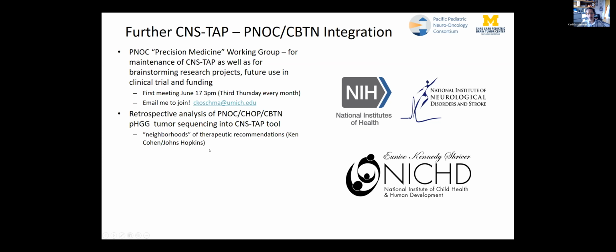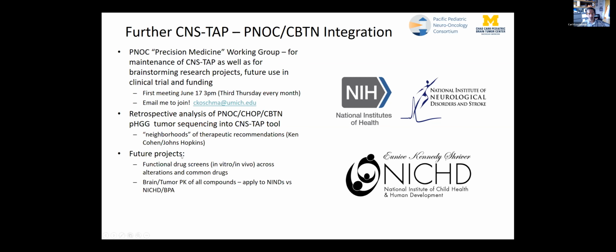We had a lot of cool brainstormed ideas. Ken Cohen has this idea of therapeutic or tumor profile neighborhoods, and how we might use the data that's already in the CBTN and the CNS TAP tool to decipher these neighborhoods, as we talked about improving the drug screens. And then immediately at that first meeting, there were ideas for how we could get this thing funded at the national level.